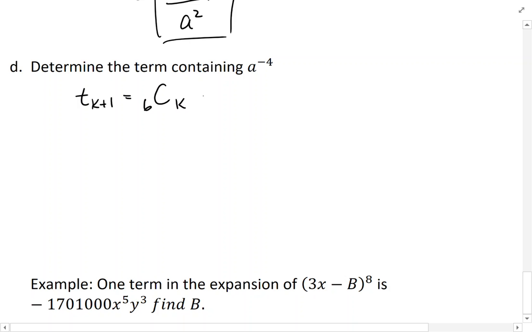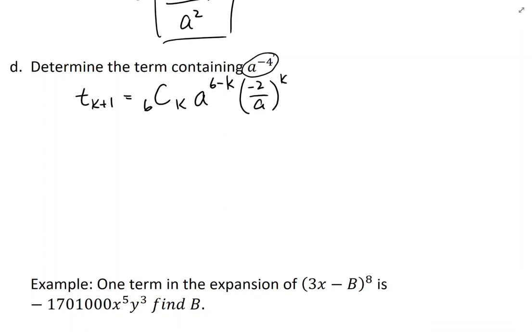We also know x is still a, and the exponent will be n, which is 6 minus k, and our y is negative 2 over a, to the k. Since we're looking for something with a to the negative 4, we'll need to put everything with base a together.